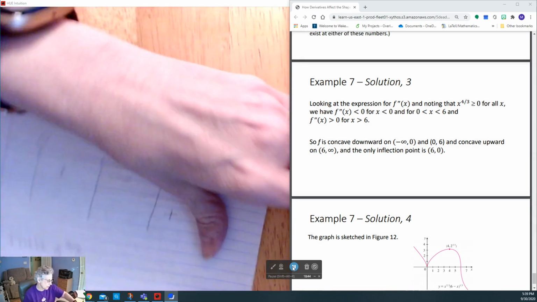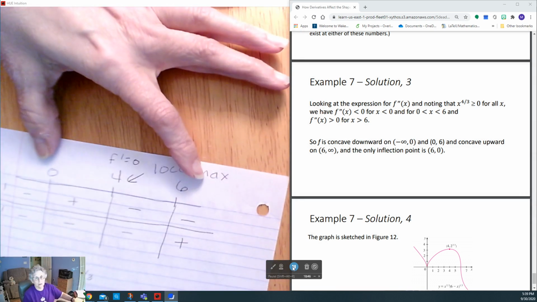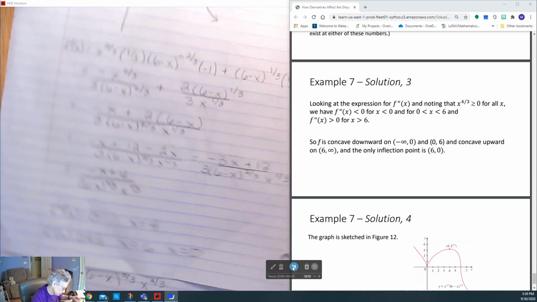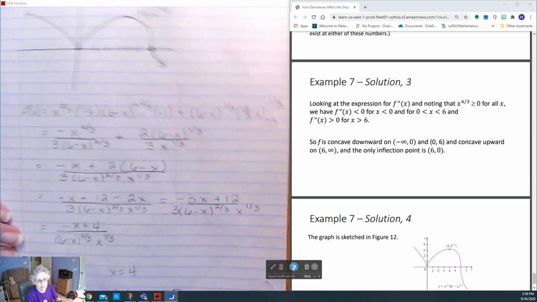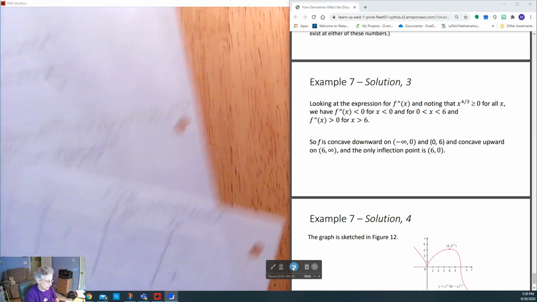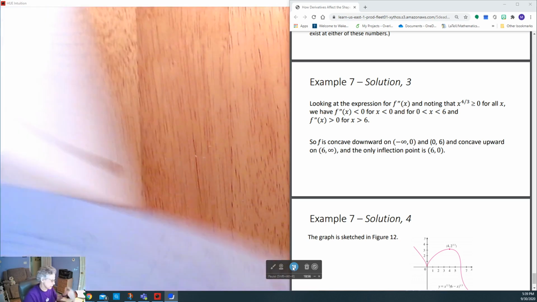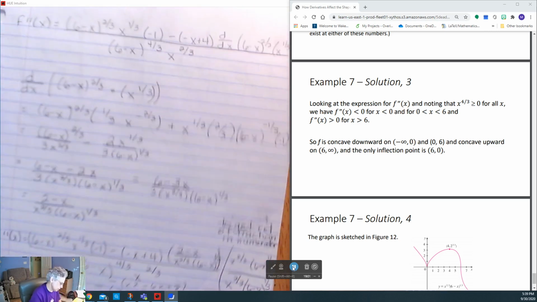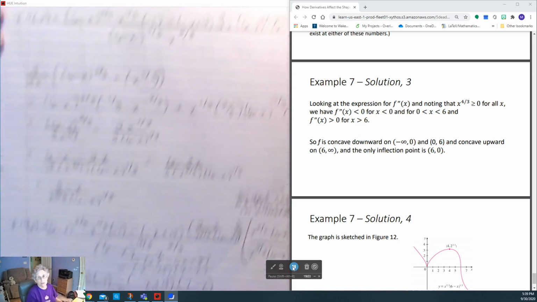So those will be on my sign chart over here, 0 and 6. And 4, excuse me, I left off the 4. I didn't leave it off. 0, 4, and 6. Then it took me a whole stinking page to do the second derivative.